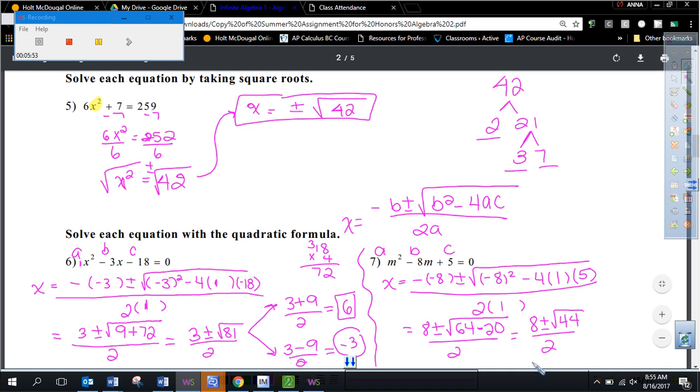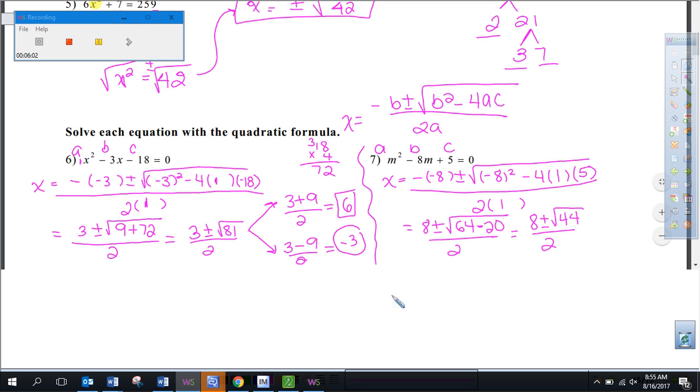We need to make sure we are simplifying any radicals when possible. So, I'm going to look at 44. And 44 is 11 times 4, and 4 is 2 times 2. I have a pair of factors, so one of those factors can come out, and one of them will go away, because the square root of 4 is just 2.